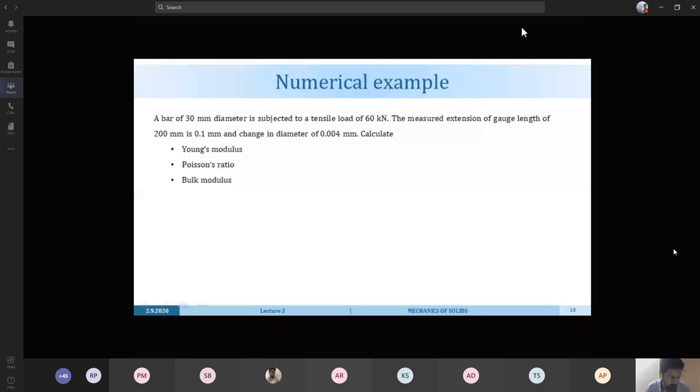Just tell me the answer. Can you read the question now? A bar of 30 mm diameter is subjected to a tensile load of 60 kilonewton. The measured extension of gauge length of 200 mm is 0.1 mm and change in diameter is 0.004 mm. Calculate Young's modulus, Poisson ratio and bulk modulus.